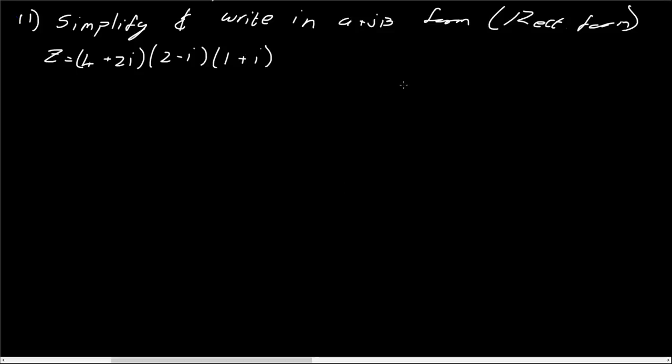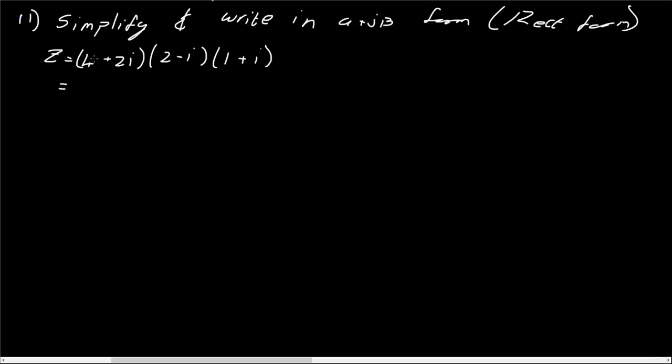You quickly convert to polar and then do your multiplication and convert back to rectangular. But seeing as you don't have that calculator as yet, I'm just going to do it in the rectangular form.